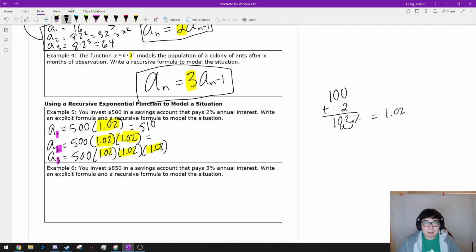So really I can write this as my explicit formula: a_n is equal to 500 times the rate, which is 102%, or 1.02, to the power of n. And the recursive could be the rate, which is 1.02, times a_{n-1}.